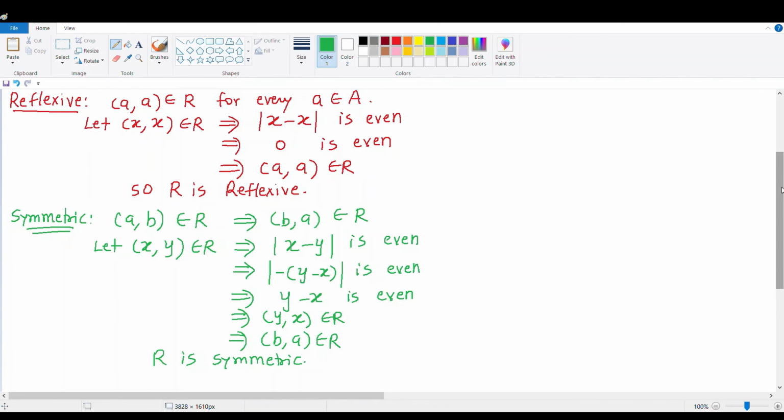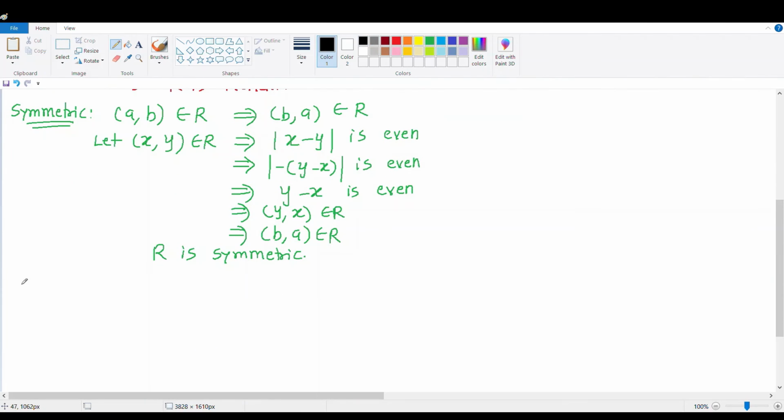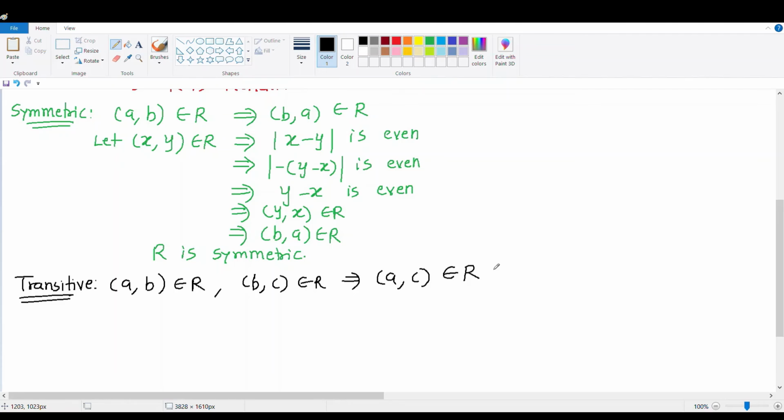Now we are going to work through transitive. Now the transitive definition says what? That if you have (a, b) belongs to R, and if you have (b, c) belongs to R, then you must have (a, c) belongs to R. Now let (x, y) belong to R and let (y, z) belong to R. So this means |x minus y| is even.